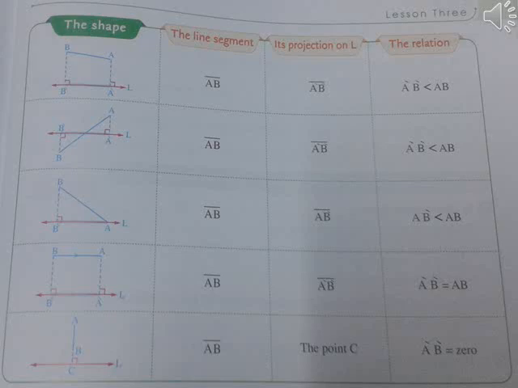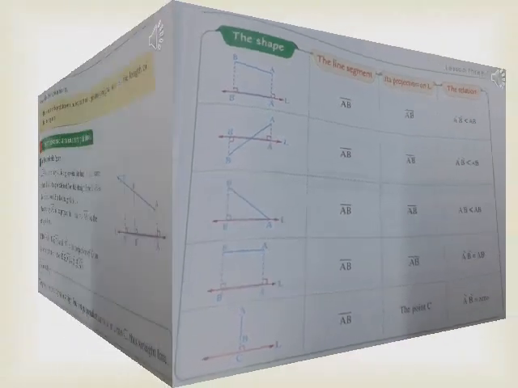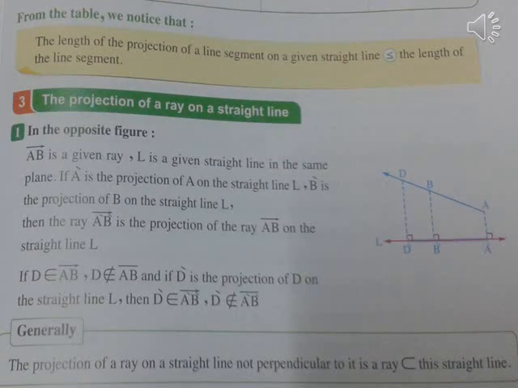Concentrate well to be ready for solving the next problems. From the table, we notice that the length of the projection of a line segment on a given straight line is smaller than or equal to the length of the line segment.